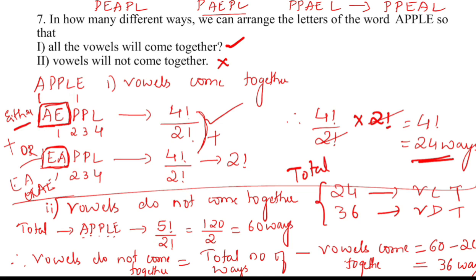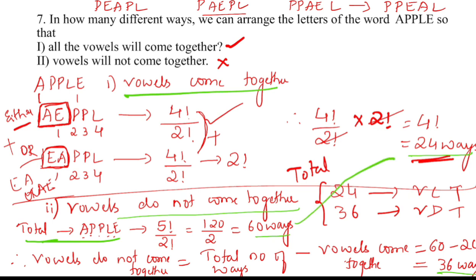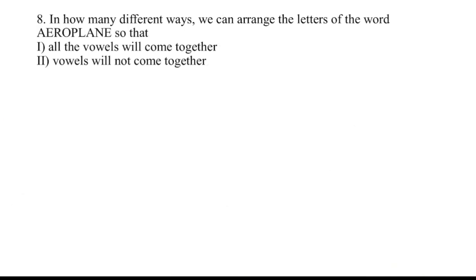So what we did: in total apple can be arranged in 60 ways. When from 60 we deducted the vowels-coming-together ways, we got the ways in which vowels do not come together.